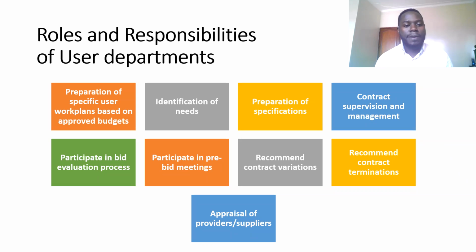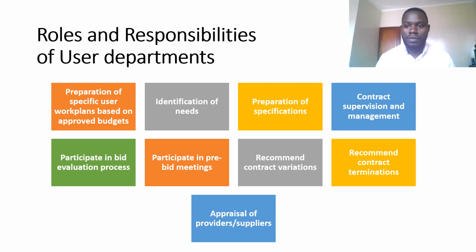Once the CAO has approved, he sends them to the procurement and disposal unit, okay? Once the work plans have been approved and money is available, then the procurement process can start. You can start procuring the goods or the services that each department has listed. I am going to leave it at that, and my colleague Anita is going to take over from here.